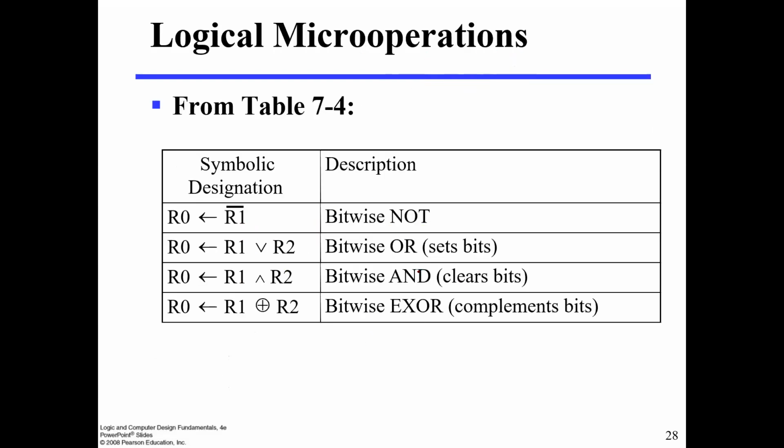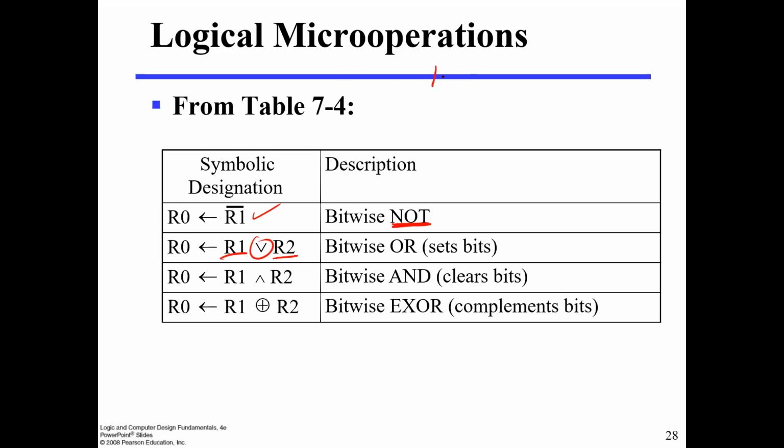As for the logical micro operations and how we write them, this is the complement, which is the bitwise NOT. It's the same as the 1's complement. Bitwise OR is written like this. Of course, what does bitwise OR mean?